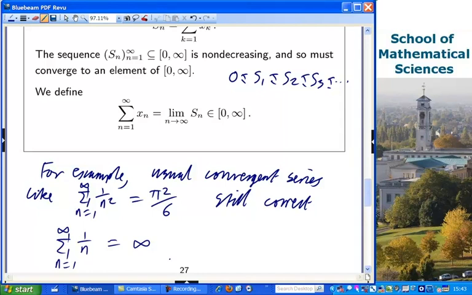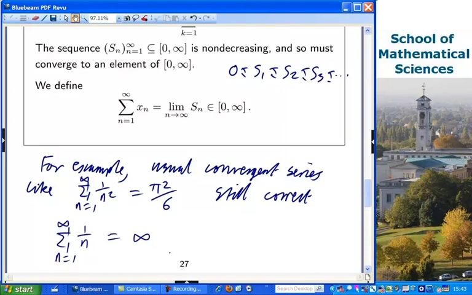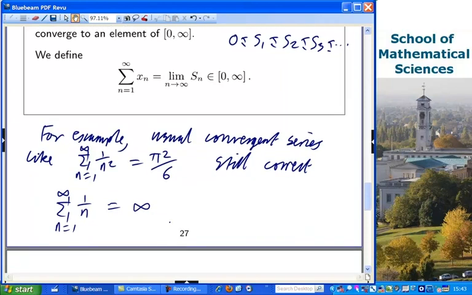That's the harmonic series. And of course, if any single term in the series is plus infinity, then you're stuck. It's plus infinity for good. As soon as any of the xn's are plus infinity, you're bound to have plus infinity. So these series are not very exciting if any of the terms you're adding are plus infinity, because you're bound to get plus infinity.